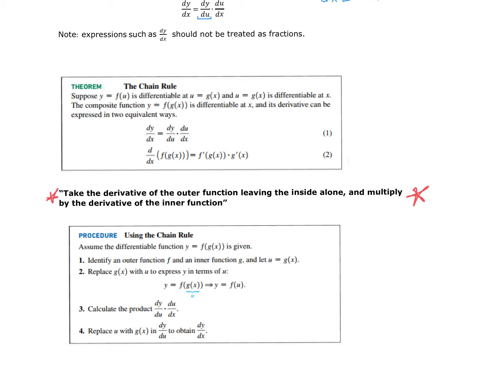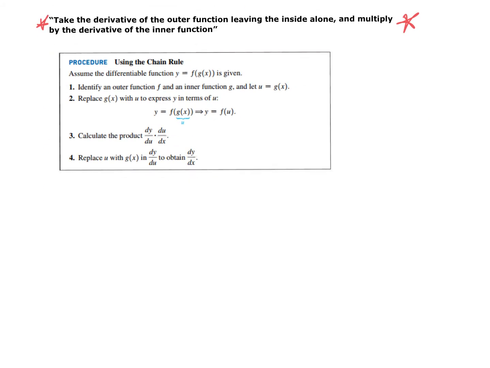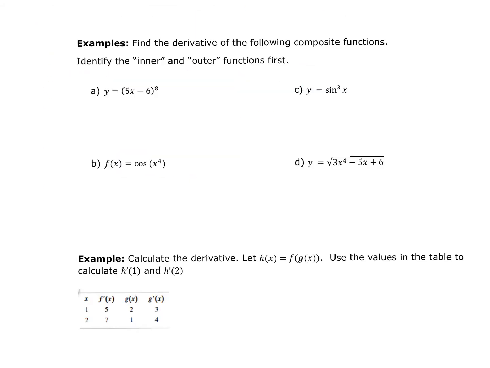So let's put this into practice. When we have a function that is a composition of one or more functions, then we first need to identify the inner and the outer functions. So in this particular case, I'm going to think of my inner function as this 5x minus 6, and the outer function to be the something to the 8th.